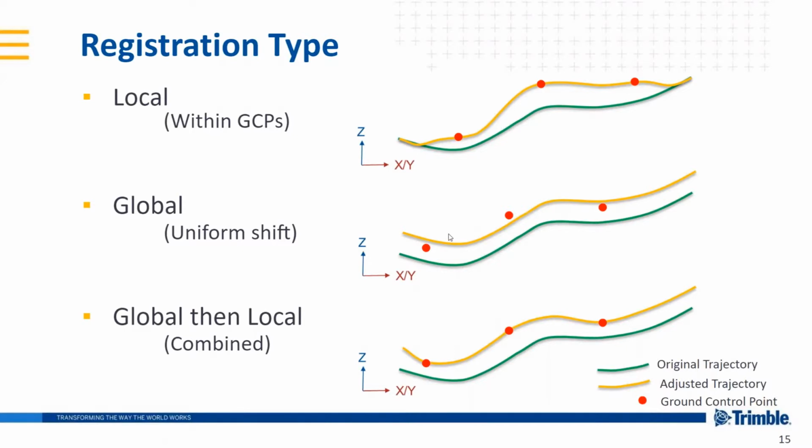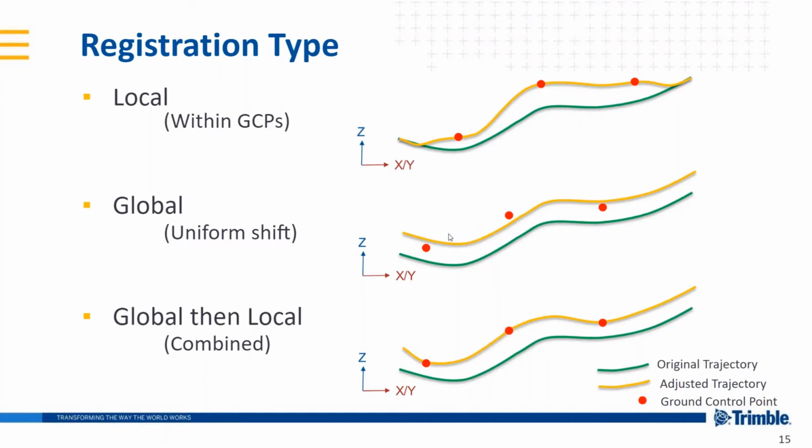And this one could be very useful when you have a global shift, meaning, for example, when you have different references in elevation, meaning that your control points have orthometric height coming from leveling, a very accurate orthometric height, and now you want to register the data using orthometric height coming out of a geoid model, where those two accuracies are different.